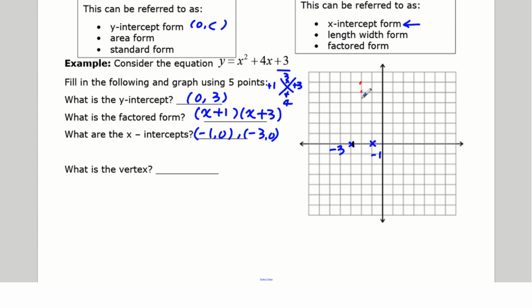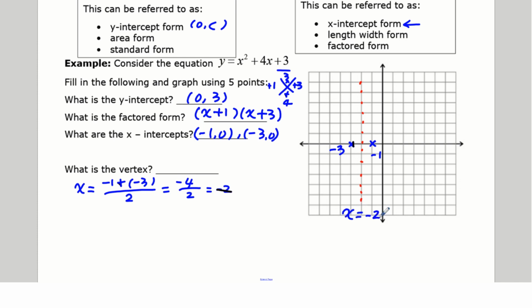You add these two numbers together and divide by 2. So x equals negative 1 plus negative 3 divided by 2. Then you have negative 4 over 2, which is negative 2. This is the axis of symmetry, x equals negative 2.